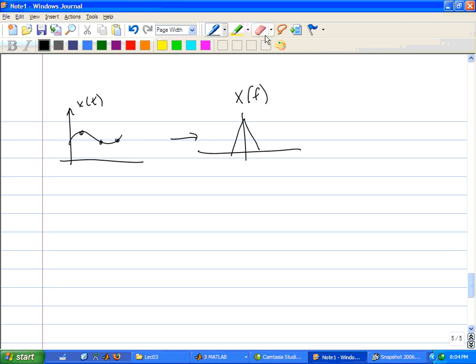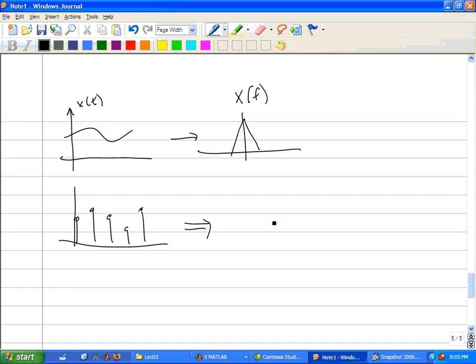So actually, what I shouldn't have drawn here, let me start over. I didn't mean to draw the actual samples. So we know that when I actually sample it, then what happens in the time domain, it becomes periodic, right?